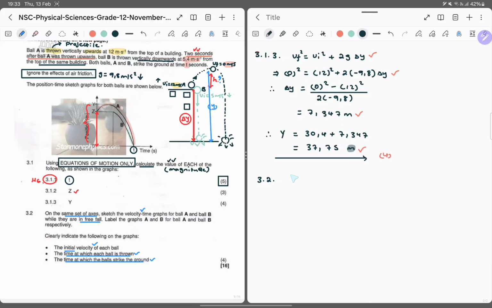So we will write here that this is the velocity time graphs of A and B with upwards taken as positive. Please guys, this needs to be stated clearly so that you don't get victimized for not stating these kinds of things.